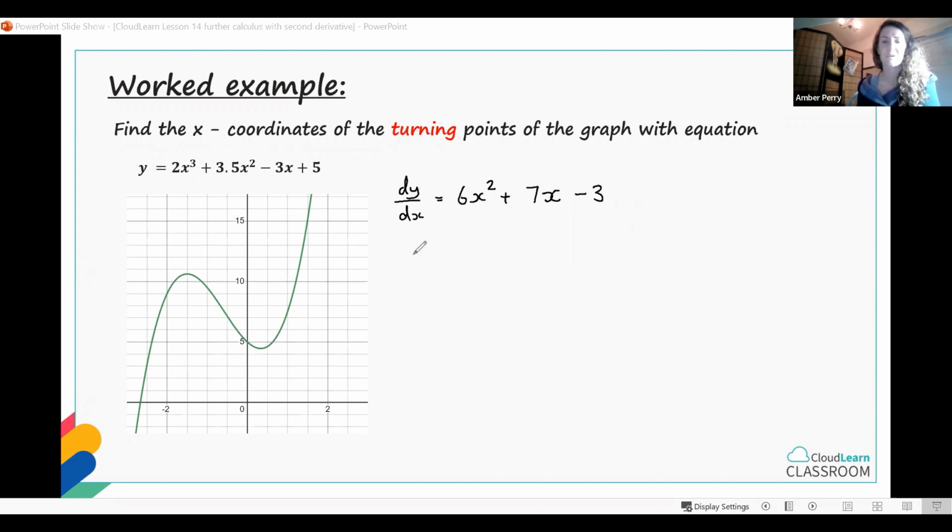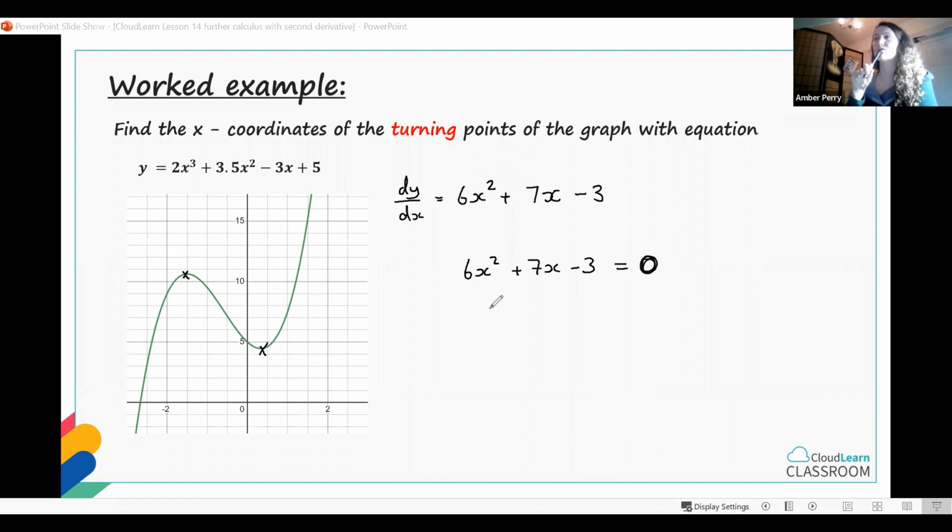So that was step 1. Step 2 is going to be setting the equation equal to 0. You'll see that because we've got a quadratic, 6x squared plus 7x minus 3, setting that equal to 0 gives us 2 possible answers, okay? Now, solving quadratics, we did a long time ago.